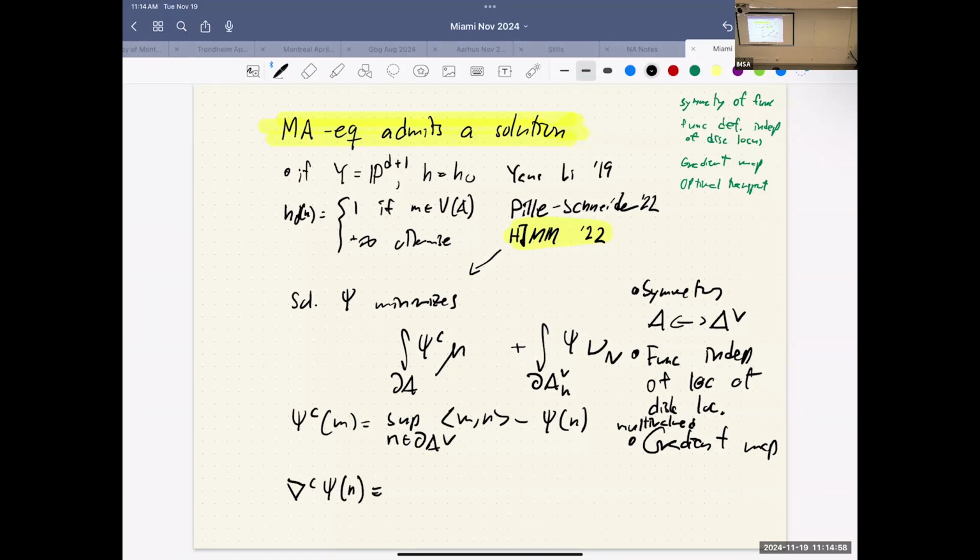This is the set of all m such that psi of m plus psi^c of n equals the pairing. This is like the generalization of the normal multi-valued gradient map in convex geometry. So there's a gradient map then, and this goes from the boundary of this to the boundary of the Monge-Ampère.